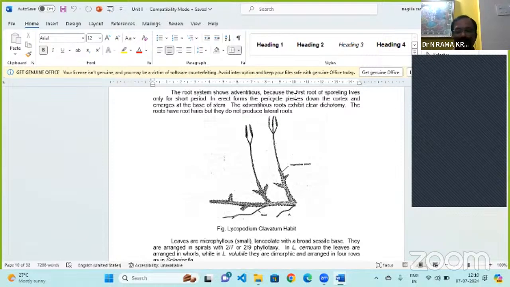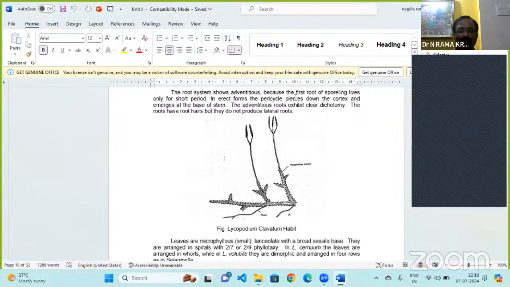In some forms the sporangia are borne on special stalk-like structures called sporangiophores. The sporangium is borne on a stalk-like structure, and these are arranged in rows on the axis of the strobili, for example in the Equisetum plant.